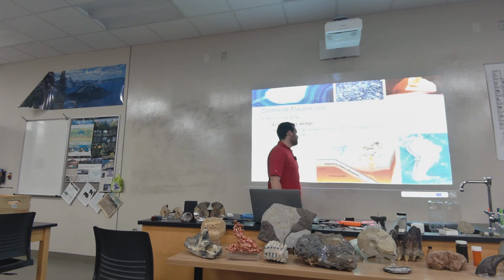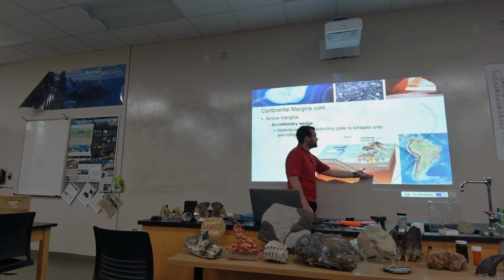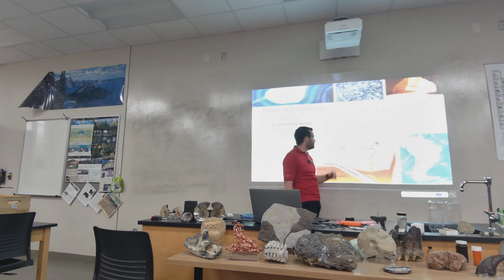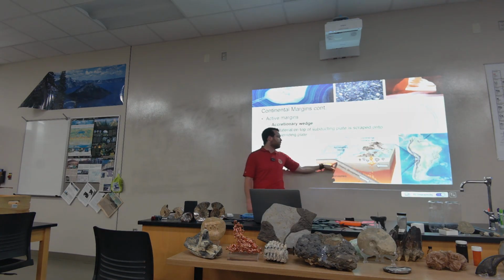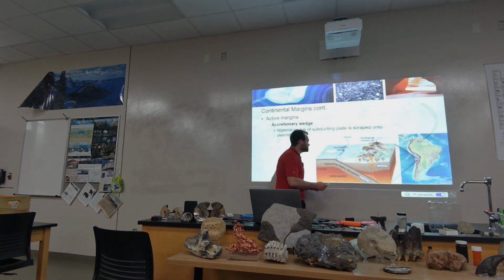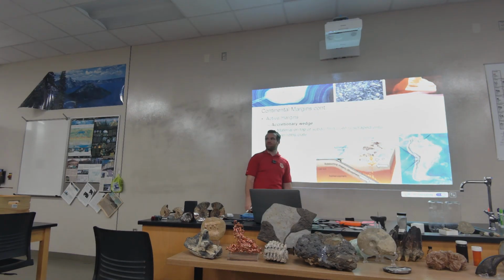In an active margin, you'll typically have some subducting plate, which is going to create volcanism on the coastline of the overriding plate, like we've talked about. But you're going to end up with an accretionary wedge right there, which is basically all the stuff on top of this subducting ocean plate that's getting scraped up on the side of your overriding plate.